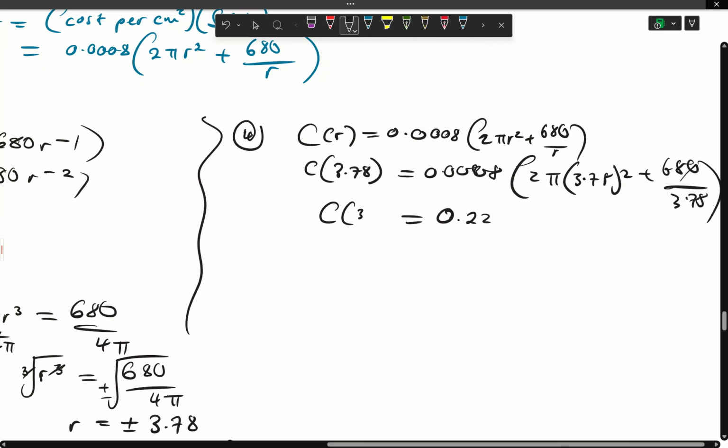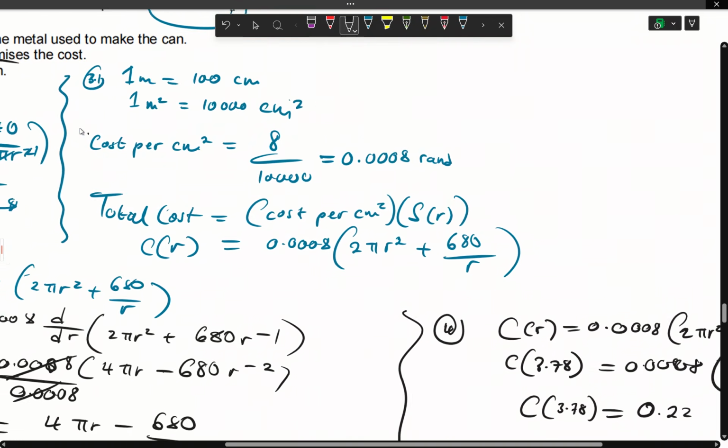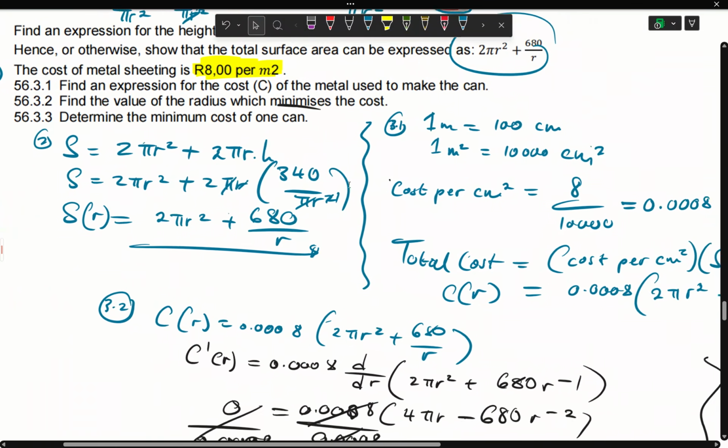So now let me make sure that I give you the conclusion. Determine the minimum cost of one can.